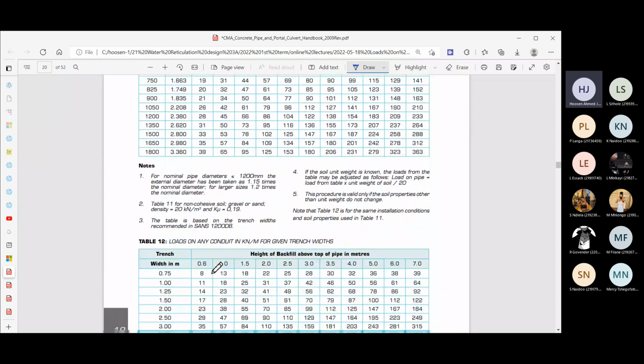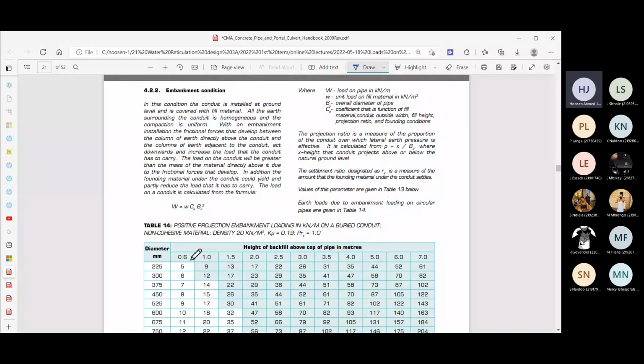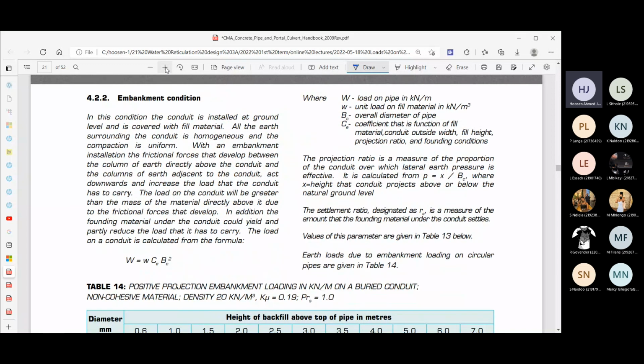For embankment conditions, in this set of notes, you'll see the same kind of formula like we had previously, but this time we have the CE for embankment. The W is still the same, the unit weight of the soil in kilonewton per meter cube. The BC was previously the B. Let me just go back here.